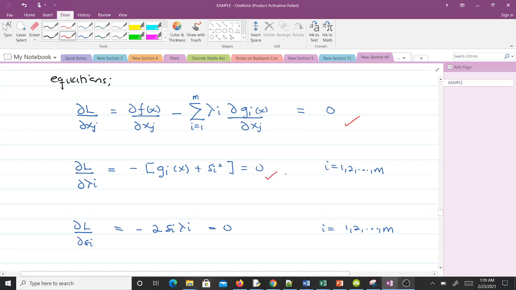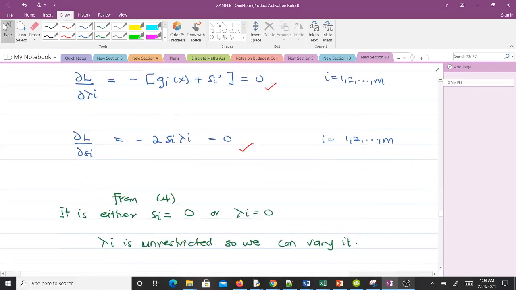And we find the partial derivative of L with respect to our s's, our slack variables, and that also gives us something like this. After we are done, we are going to get sets of equations. Then we solve them simultaneously using the best approaches to obtain a solution.